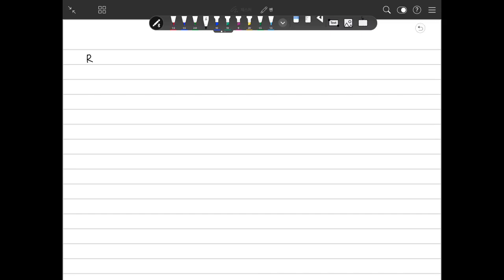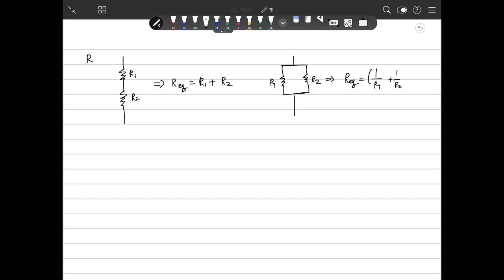In the resistor case, R1 and R2 are connected in series, and REQ is R1 plus R2. When resistors are connected in parallel, R1, R2, then REQ is 1/R1, 1/R2, inverse.